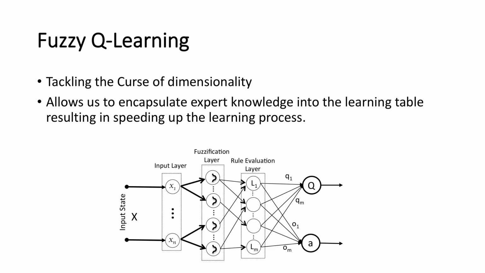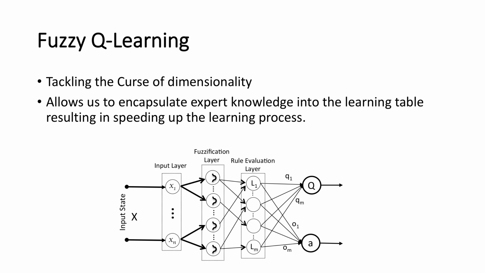So fuzzy Q learning is a fuzzy extension of the Q learning algorithm being able to overcome this problem. It allows us to encapsulate expert knowledge into the learning table, which results in speeding up the learning process.